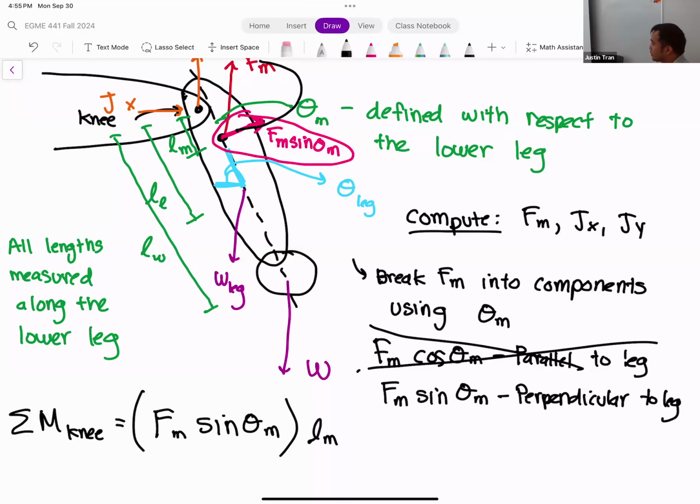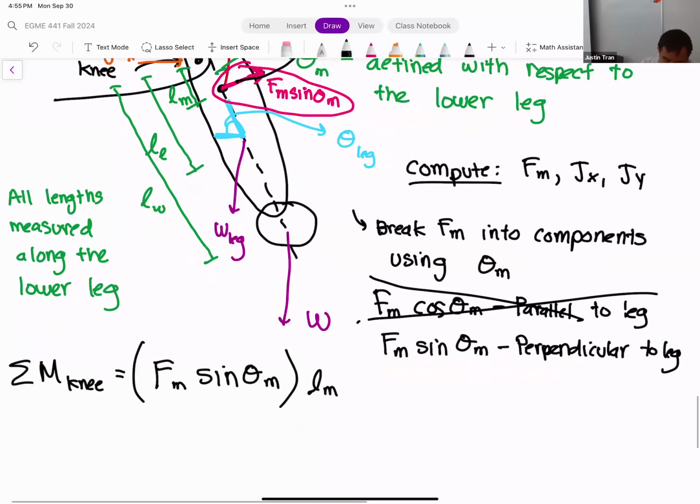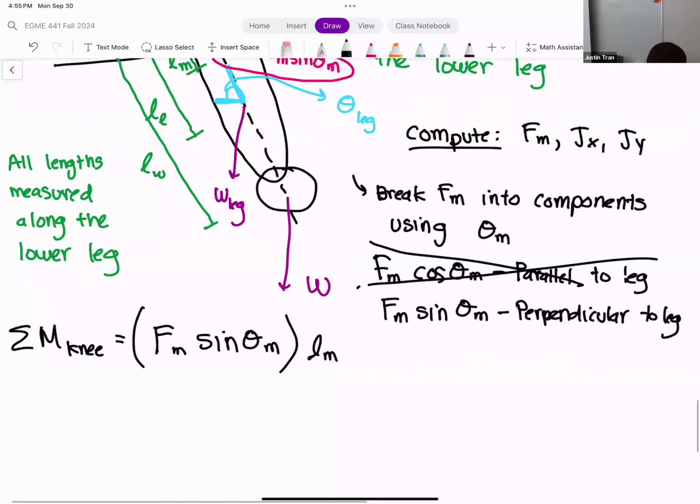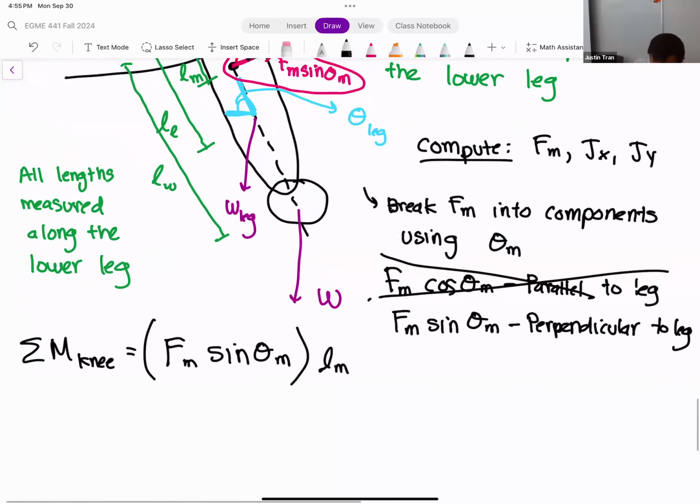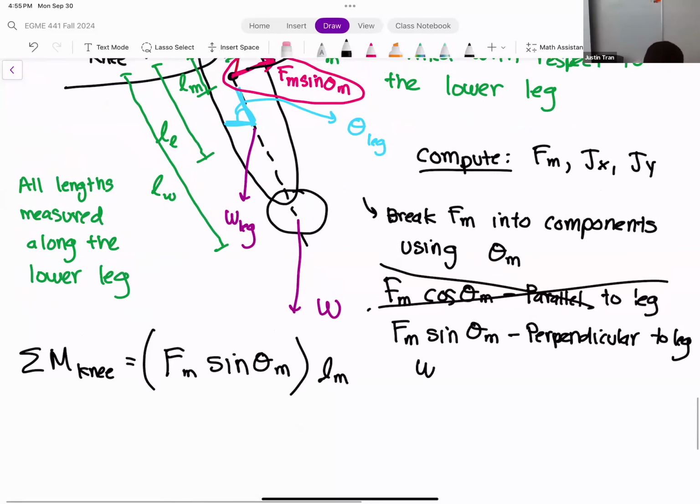Next, we need the contributions from the weights. And so we have the weight of the leg multiplied by its moment arm. Okay, so the moment arm is L. Now this weight of the leg here is a vertical force, and so the moment arm that we need to multiply it by is the horizontal distance between the force and the joint.